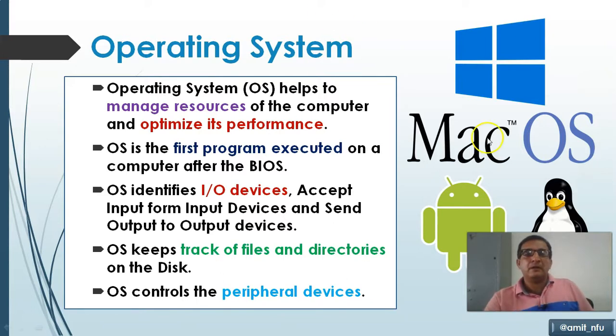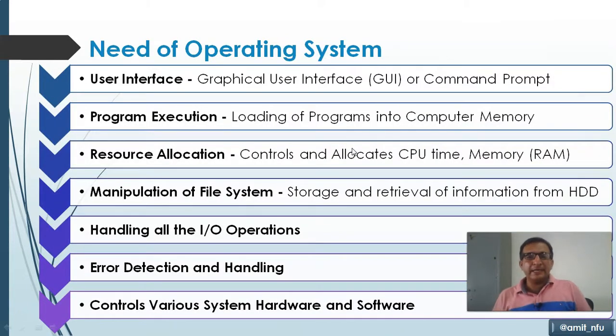Now, some examples of operating systems are Microsoft's Windows, Apple's Mac OS, and for mobile, which is more or less a computer nowadays, Android is there, and another open source operating system is called Linux, right? Now, what is the need of an operating system? For user interface, as I already told you, the operating system provides an interface between the user and the hardware.